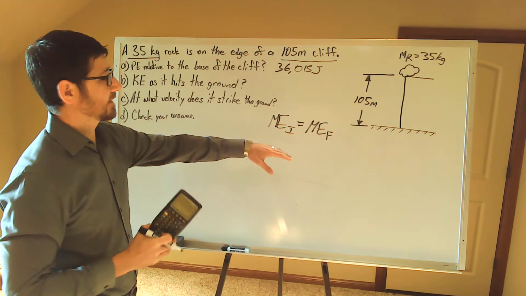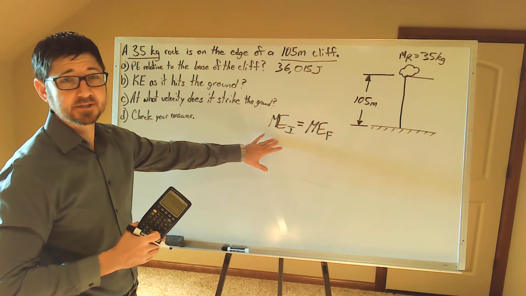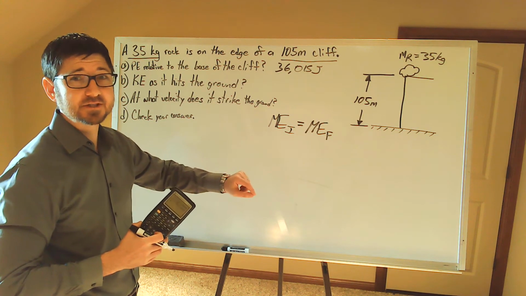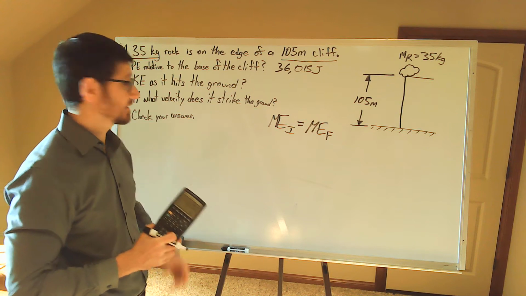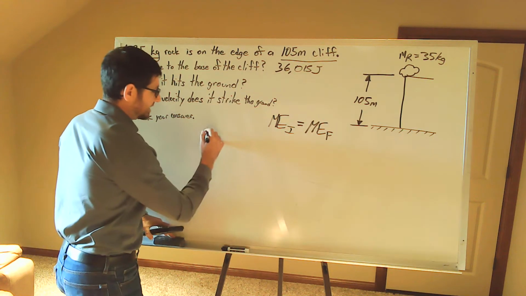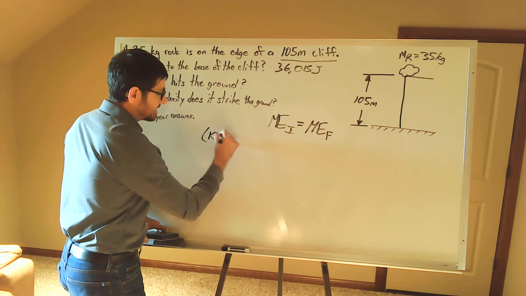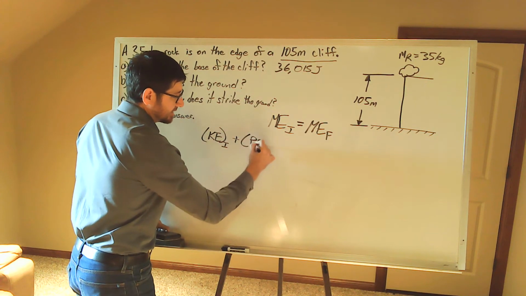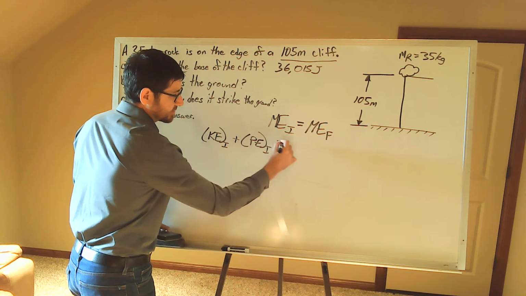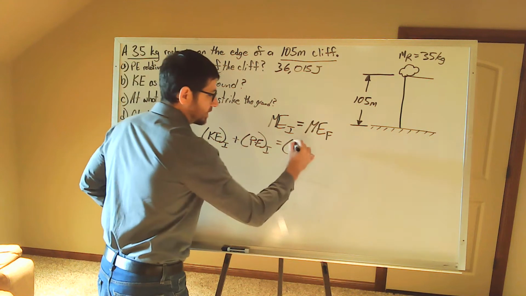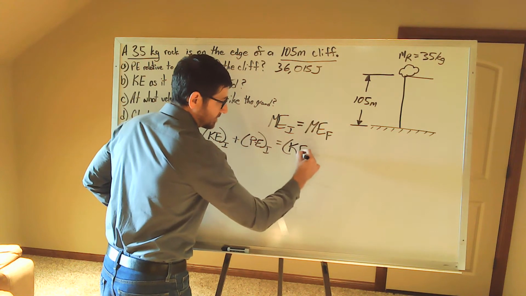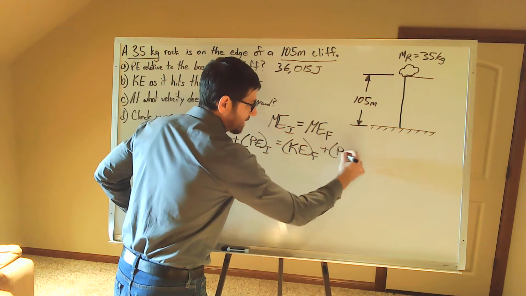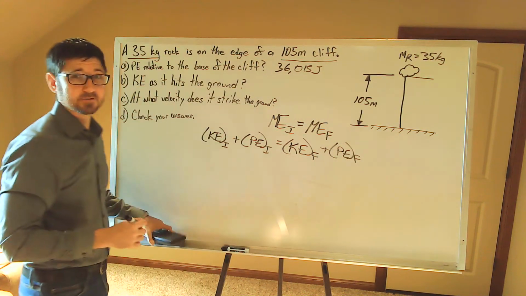Now we can expand this. We know that mechanical energy is the sum of the object's kinetic energy and the gravitational potential energy. So what I have is the initial kinetic energy plus the initial gravitational potential energy is equal to the final kinetic energy plus the final gravitational potential energy.